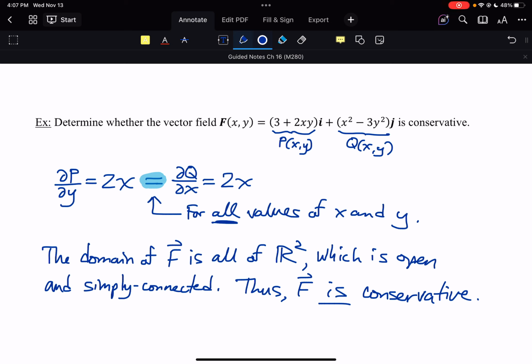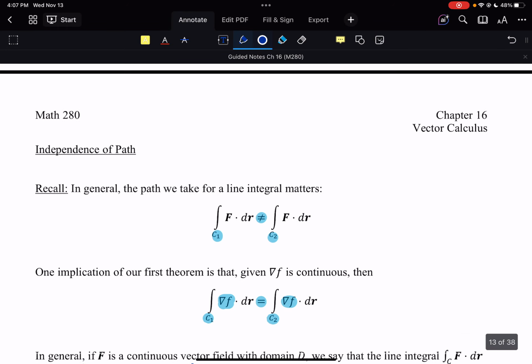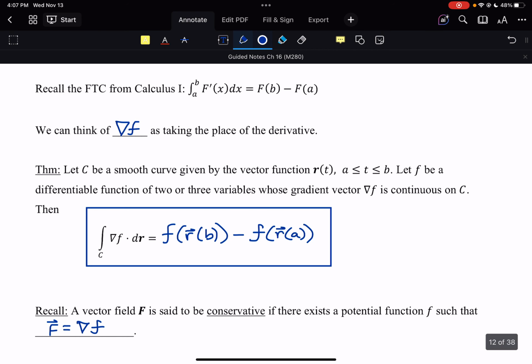All right. So we now have a test to determine whether or not a vector field is conservative. And that's great. But if we want to evaluate the fundamental theorem for line integrals, we needed the vector field to be conservative so that we can write it as a gradient vector field.